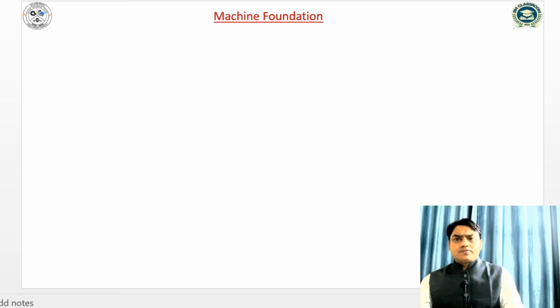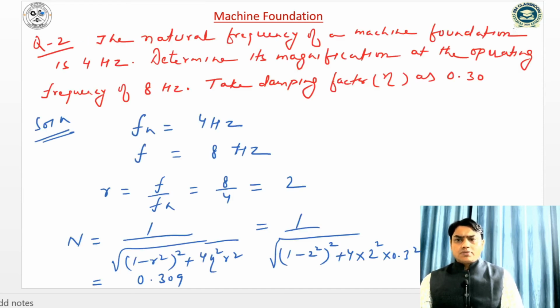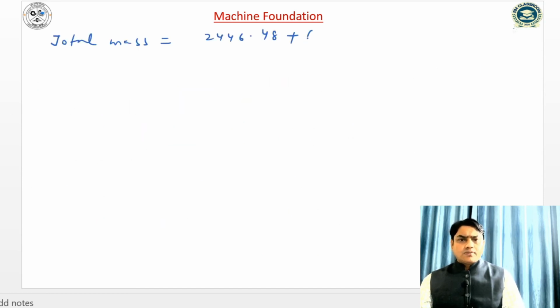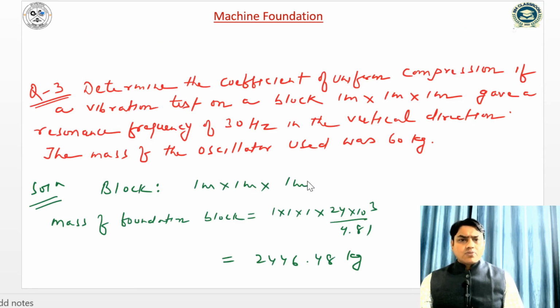So the total mass is equal to 2446.48 plus the mass of oscillator, which is 60 kg. So 2446.48 plus 60 will be 2506.48 kg.